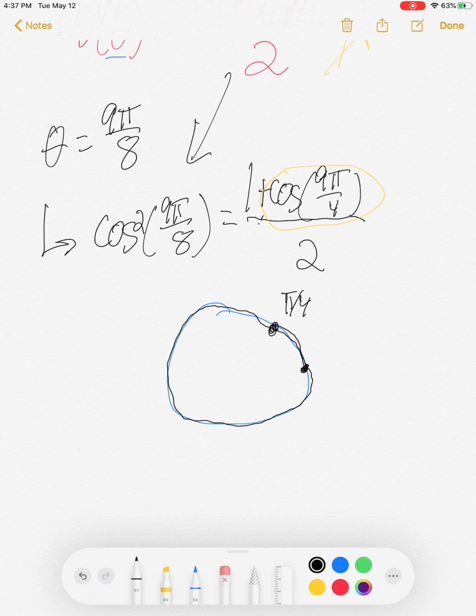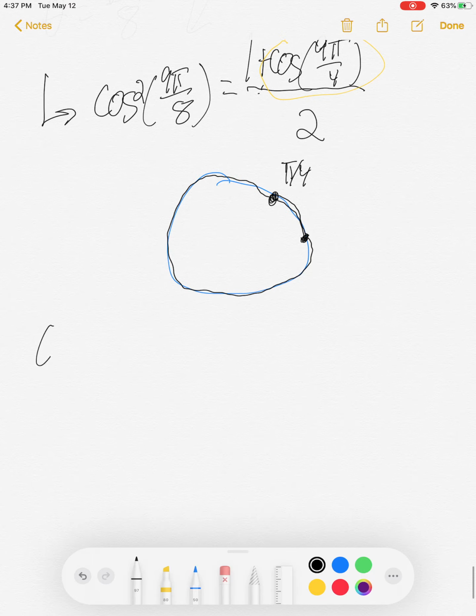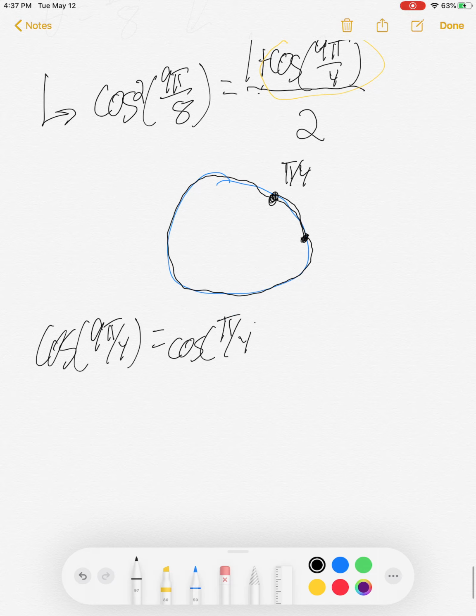So this is pi over 4. Cosine of 9 pi over 4 is just cosine of pi over 4, and that is root 2 over 2.